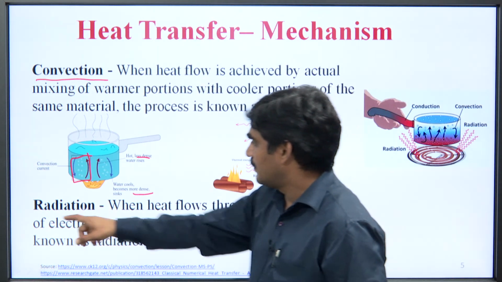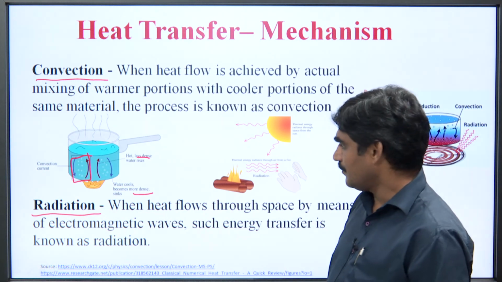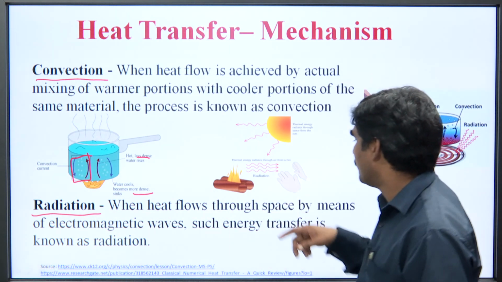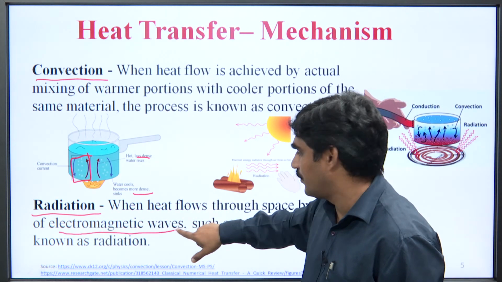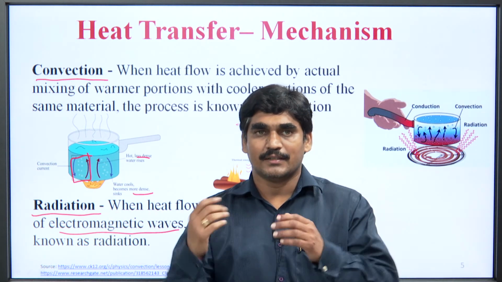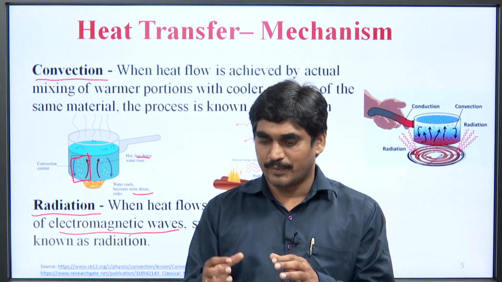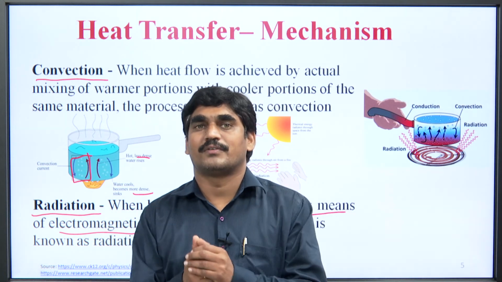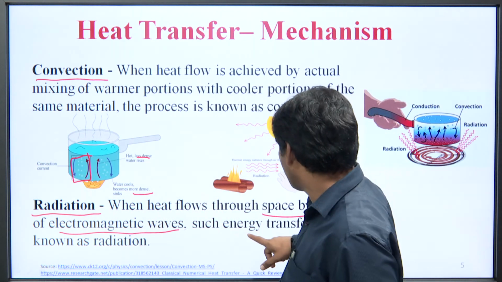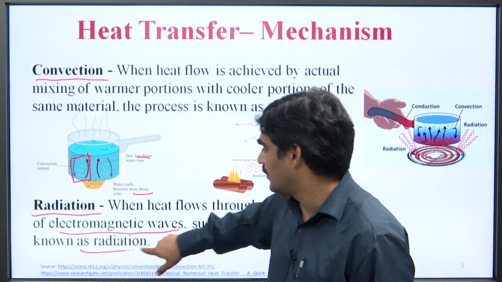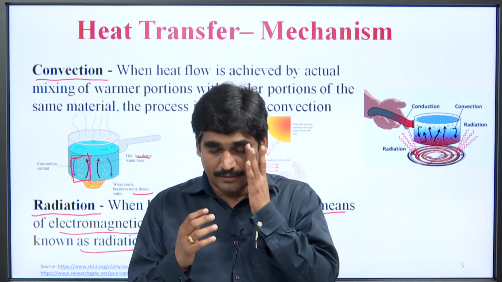The third mechanism is radiation. What happens when heat flows through space by means of electromagnetic waves? When heat is transferred through space by electromagnetic waves, the energy transfer is called radiation.